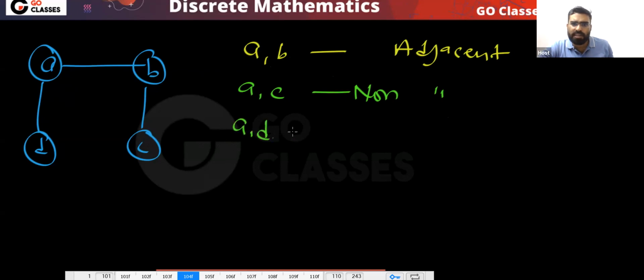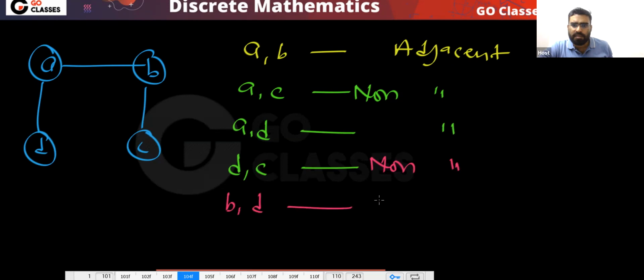Next, what about A comma D? Yes, these are adjacent. What about D comma C? They are non-adjacent. What about B comma D? They are non-adjacent. And what about C comma B? They are adjacent.